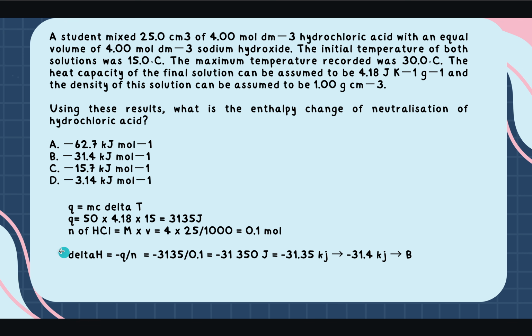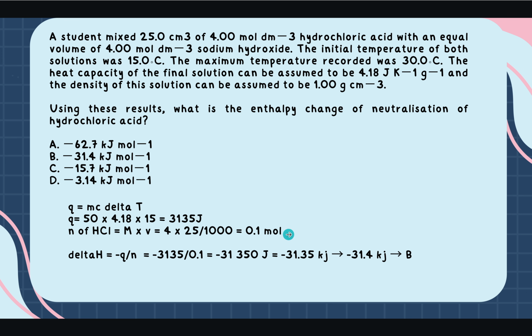So we need to find the n. The mole, or the amount of substance of hydrochloric acid, is the molarity times volume. The molarity is 4 times 25 divided by 1000, because we converted to liters. So the answer is 0.1 mole. So 0.1 mole is the amount of substance of hydrochloric acid.